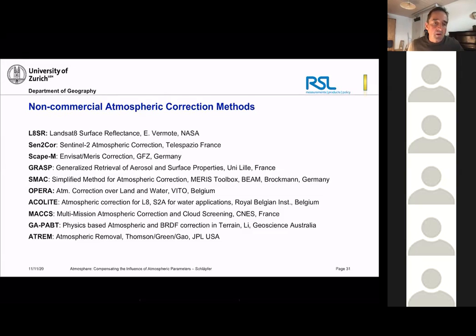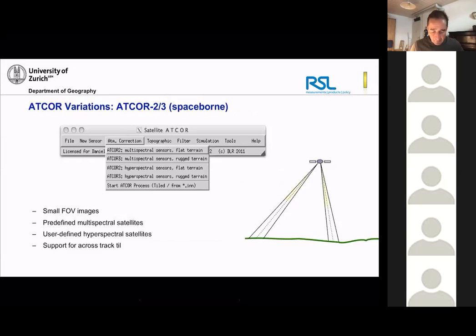So you have to be careful. Atmospheric correction for satellites is just a different topic than atmospheric correction of imaging spectroscopy data. And there, maybe the only one which would be available was the ATREM method, but that one is currently not available to the public. So you could get access to it if directly collaborating with the JPL people. So that's an overview of what we have as corrections.